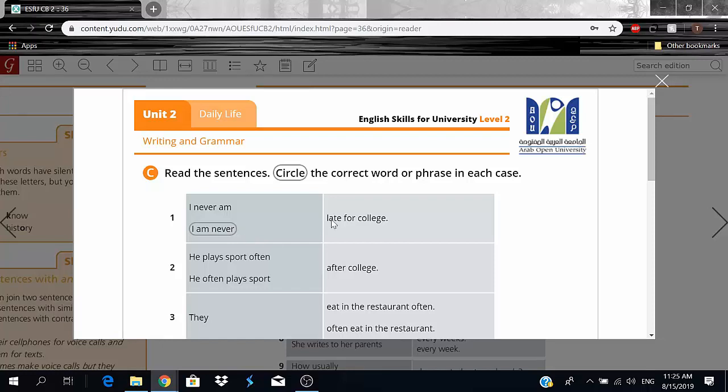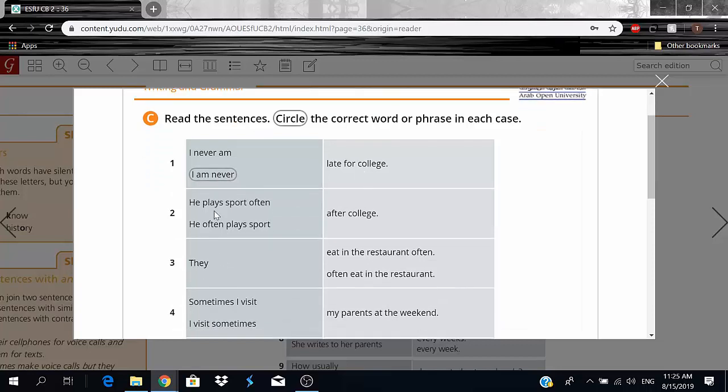So I am never late for college. Okay? Number 2, he plays sport often, or he often plays sport after college. That's correct. Number 2, because now we're going to be using order of frequency adverbs, but with different verbs and not verb to be.